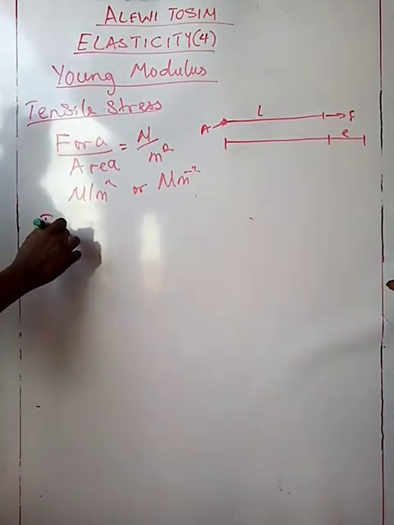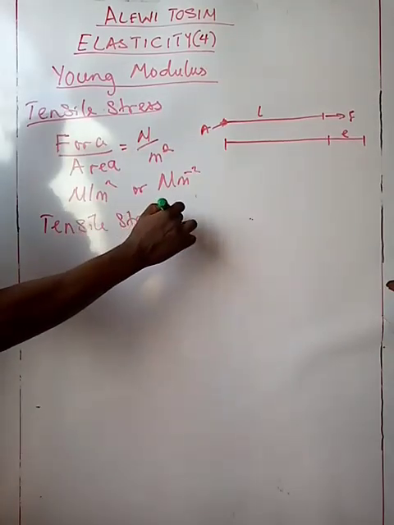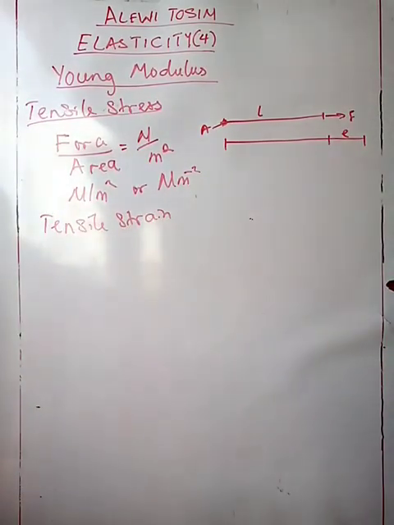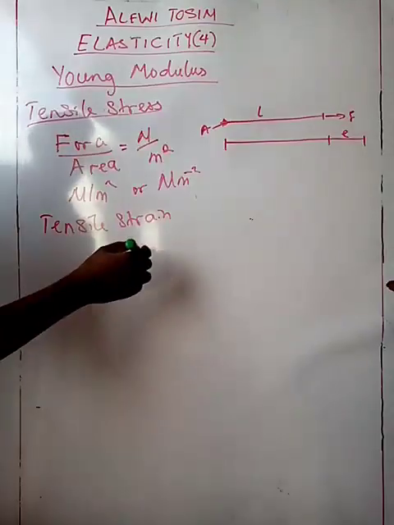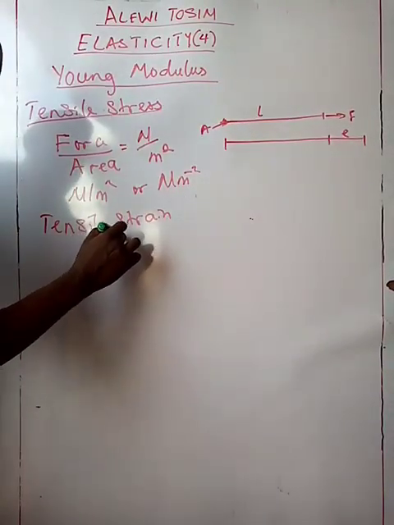Now, we also need to talk about tensile strain. What is tensile strain? The tensile strain of an elastic material is the ratio of the extension of the elastic material to its original length.